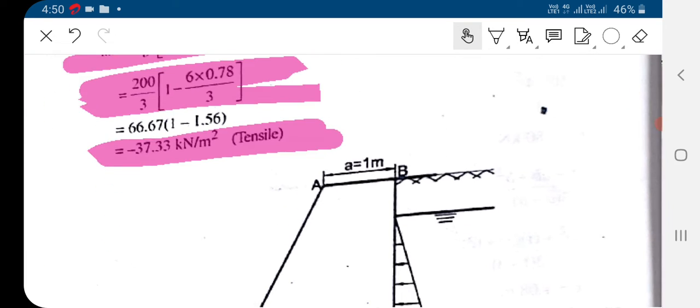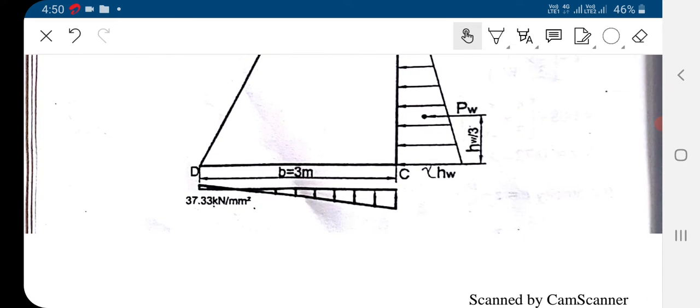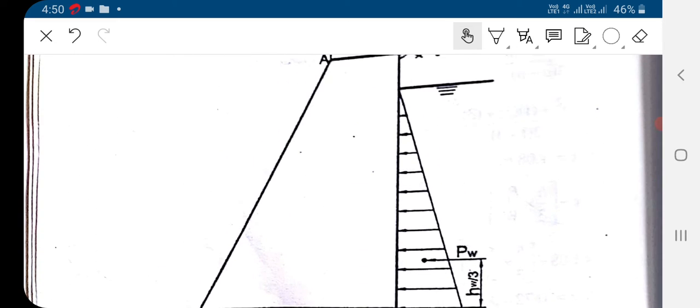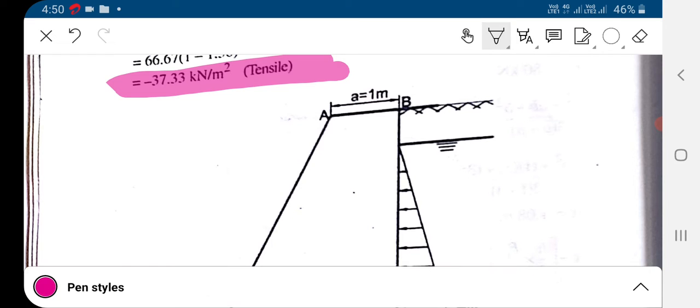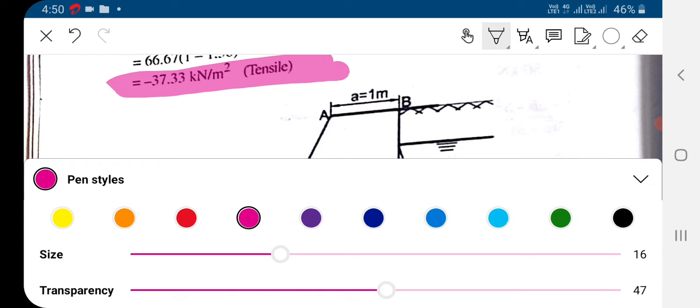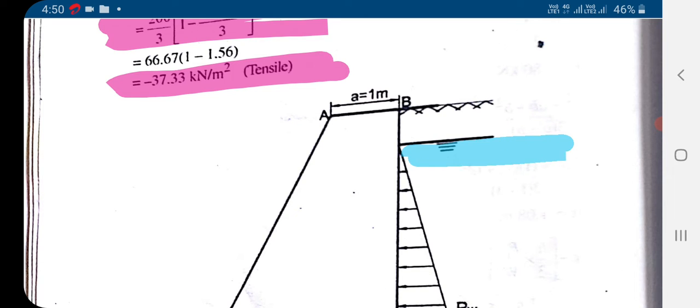Now we have to draw the distribution diagram. How will we draw it? Let's say in this portion there is a waterfront side, so the water is present in this portion.